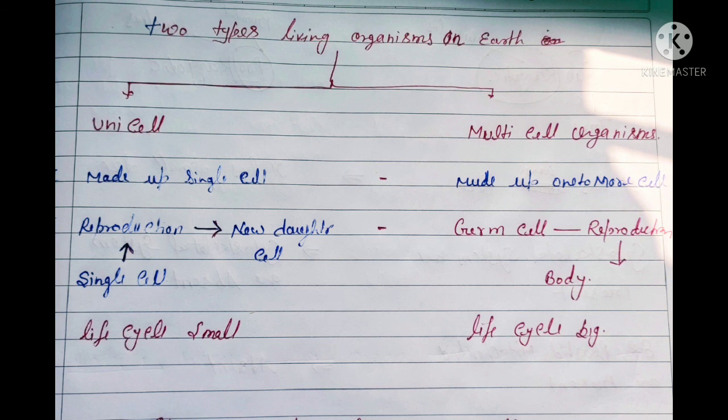There are two types of living organisms on earth, unicellular organisms and multicellular organisms. A unicellular organism is made up of a single cell. A single cell reproduces and forms new daughter cells, and its life cycle is very short. By comparison, a multicellular organism is made up of one to many cells, including germ cells and reproductive cells, which form the body, and its life cycle is very long.